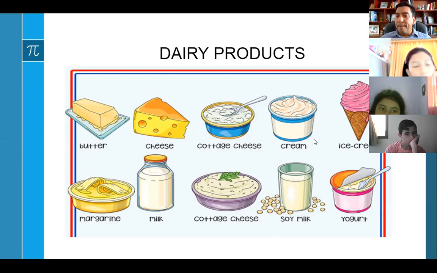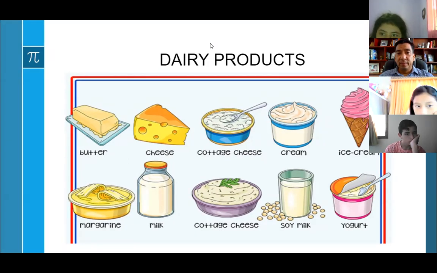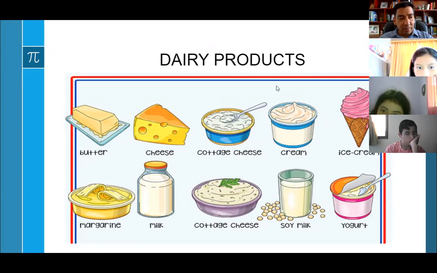cheese, cream, ice cream, margarine, milk, soy milk, and of course, yogurt. Be careful. In English is yogurt. The accent goes in the first syllable. Okay, Dayanara, go ahead. Mister, I have a question. Go ahead, miss.